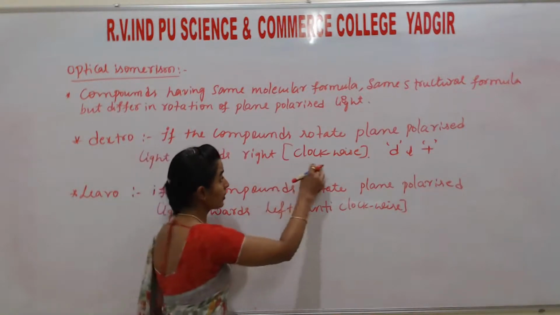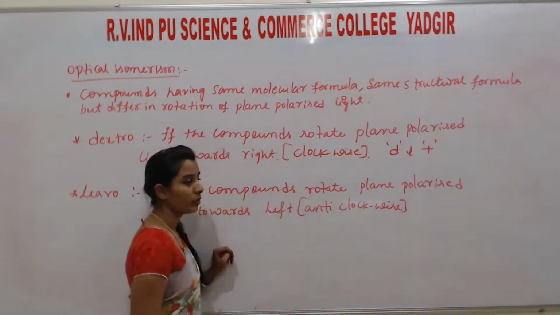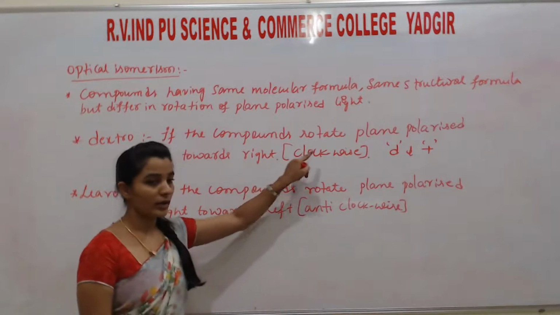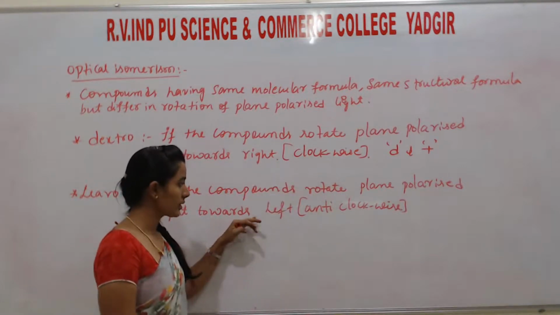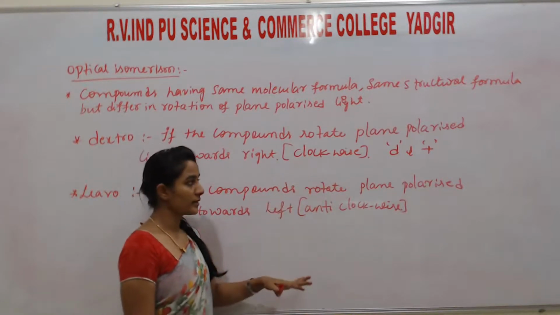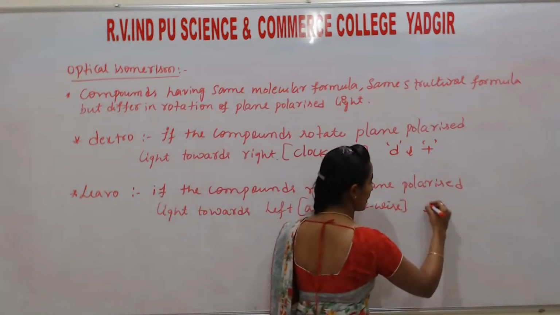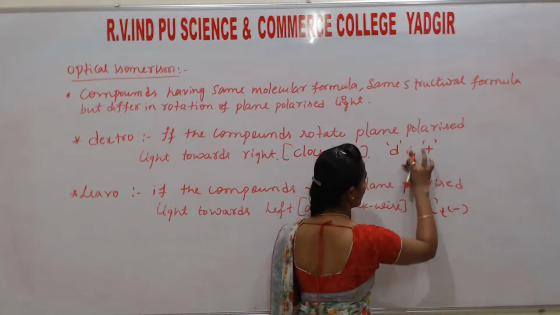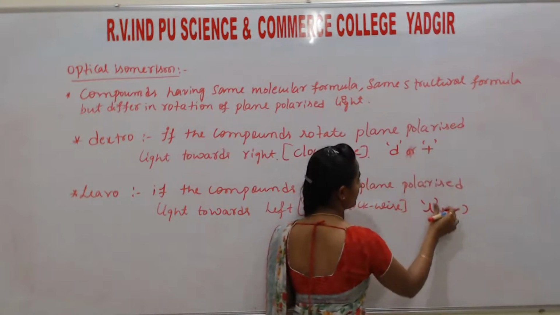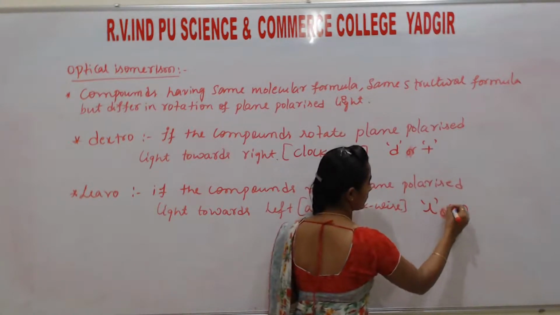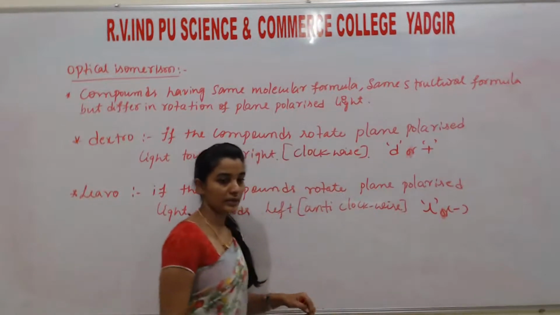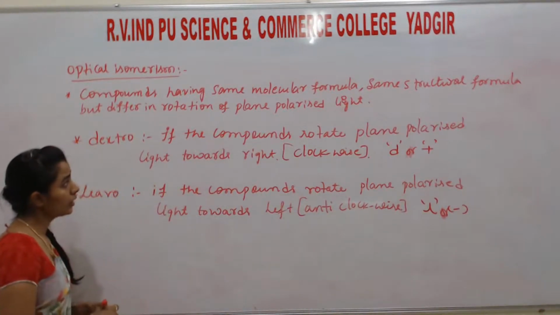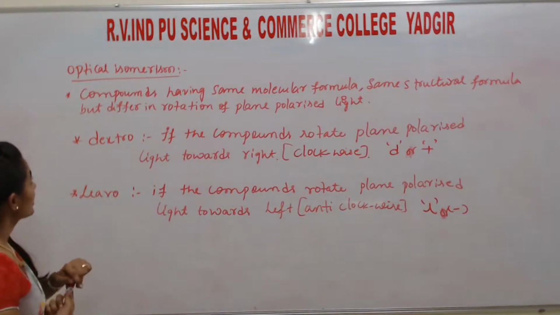Understood? Towards right, called dextro isomers. Towards left, called levo isomers, represented by l and minus. Okay, so this is optical isomerism.